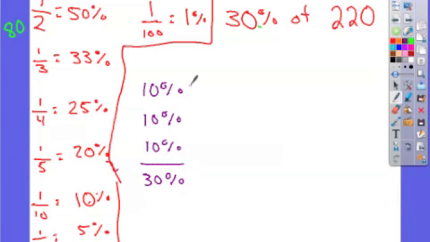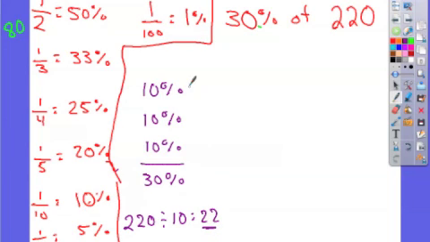So I need to find the value of each one of these 10%. In order to do that, I see down here that 10% is 1/10 of the number, and 1/10 would just be dividing by 10. So I'm going to take 220 and divide by 10, and that's 22. That's saying that every 1/10, which is 10%, equals 22.